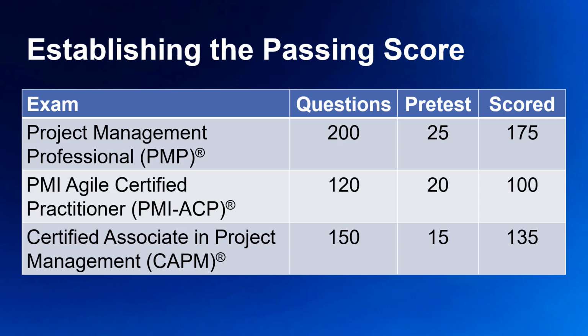So in other words, the numbers on the very right here are the maximum score that you can achieve for each of these exams. 175 is the maximum possible score for PMP, 100 is the maximum possible score for PMI ACP, and 135 is the maximum possible score that you could have on your CAPM exam. What we do not know is the minimum.